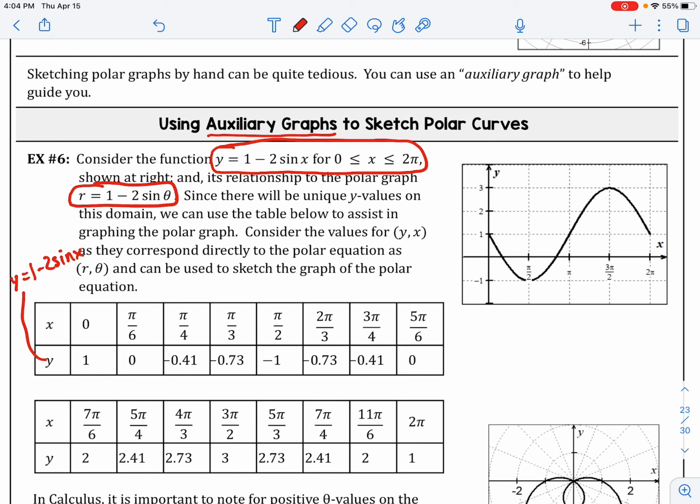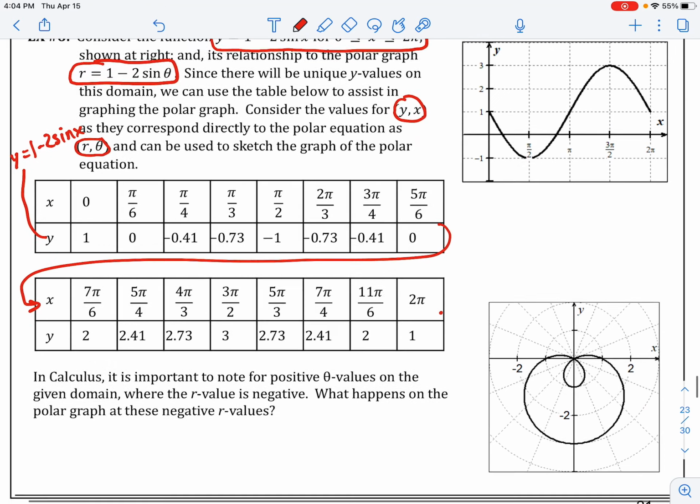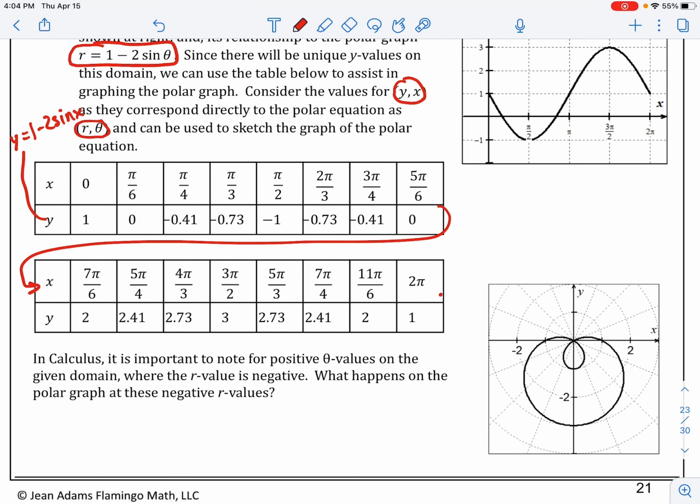If I put pi over 4 in, and so on, okay? And it wraps around and continues all the way to 2 pi. And so what they're saying is that since our y was going for r and our x for theta, then y comma x is going to coincide with r comma theta.